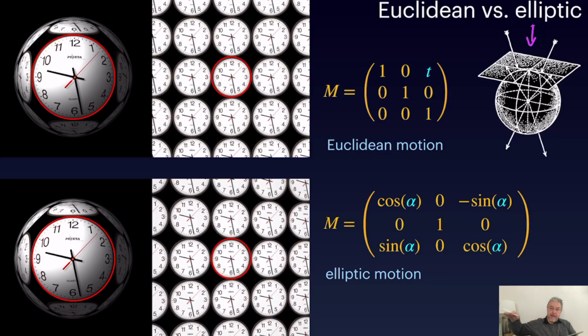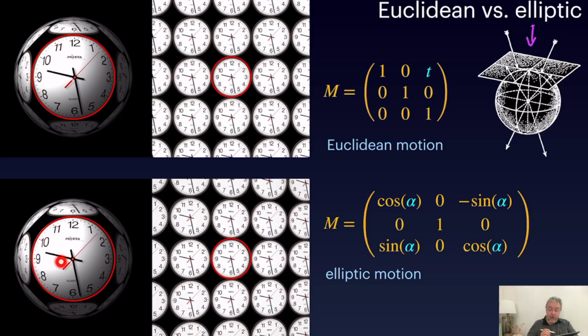So imagine these infinitely many clocks moving in the standard embedding plane, and all the time we will project to this sphere here. And in the second picture, you have an elliptic motion, and here you see a rotational matrix depending on an angle alpha, and I will increase this angle alpha, which causes a rotation of the sphere.